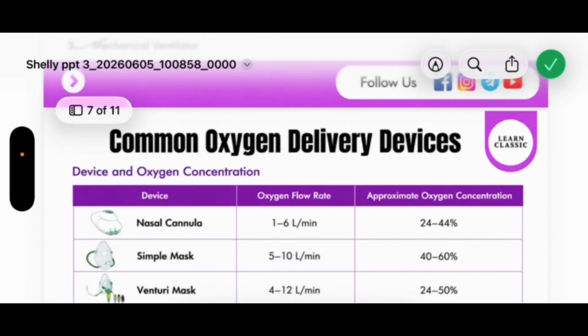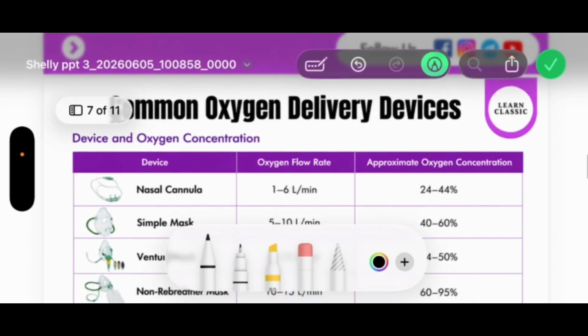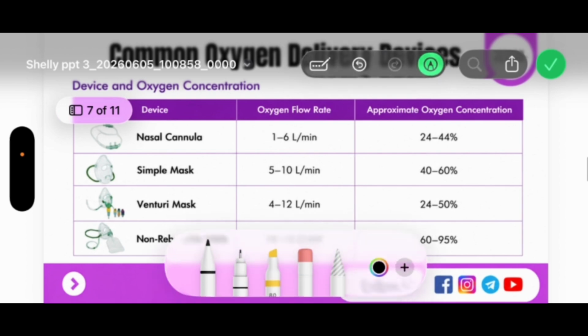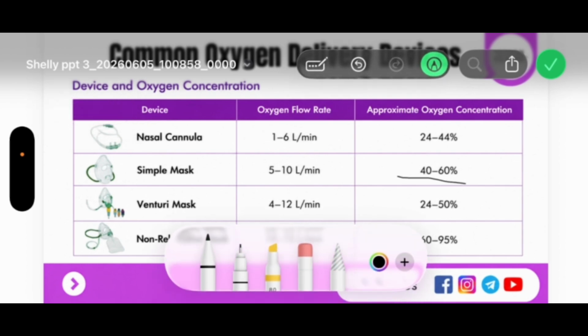Now you can see by the images that the nasal cannula or nasal prongs gives 1 to 6 liters of oxygen per minute, and the concentration is 24 to 44%. The simple face mask delivers 5 to 10 liters per minute and its concentration is 40 to 60%.